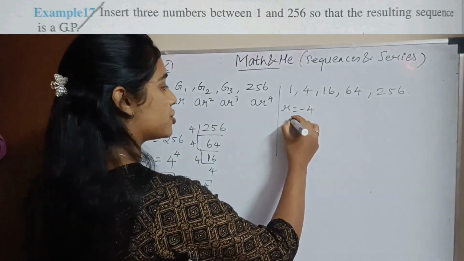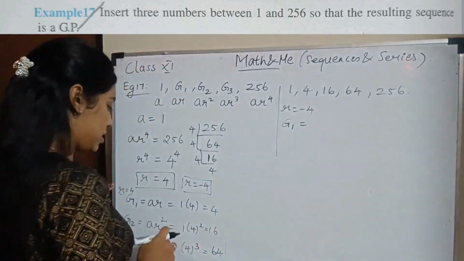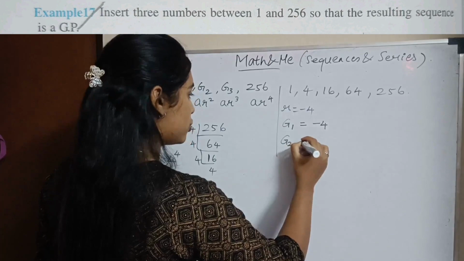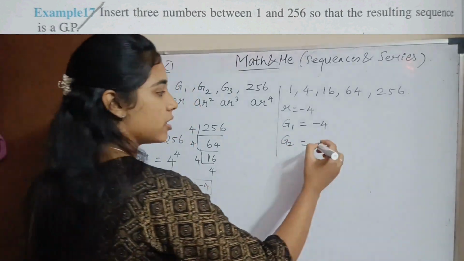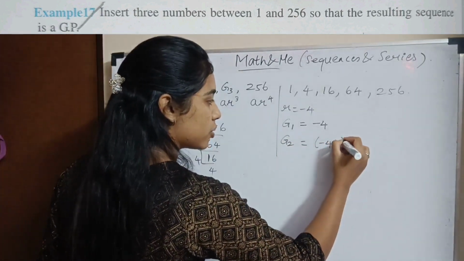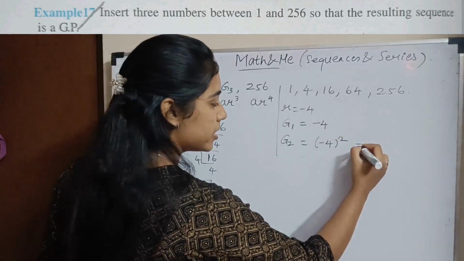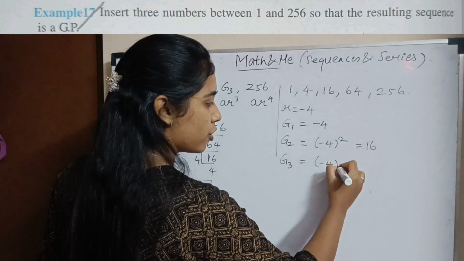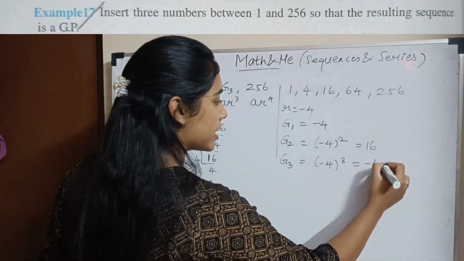Your G1 is AR, which is minus 4. Your G2 is AR square, which is minus 4 the whole square, 1 times minus 4 the whole square, which is 16. Your G3 is 1 times minus 4 the whole cube, which is minus 64.